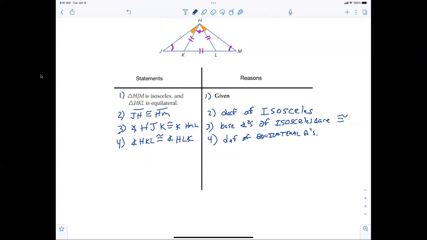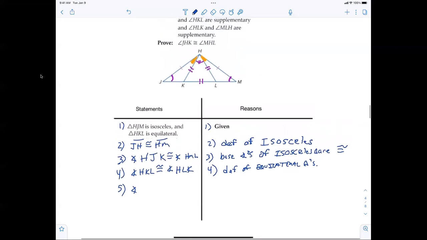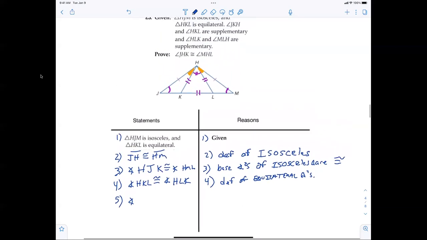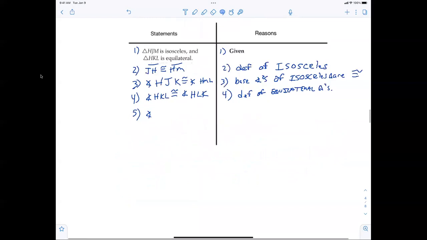All right, now you can say what, Walt? HO is supplementary to H. Well, we already. Yeah, actually. Yeah, I should write that. Yeah, that should go in the given now, because it's telling you that. I didn't even think to include that. I didn't think I was going to use it. All right.